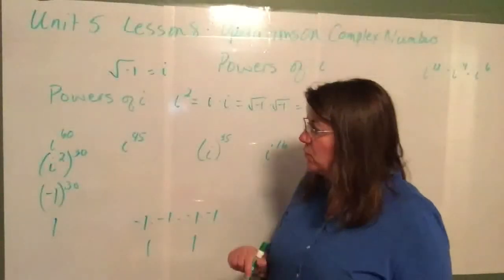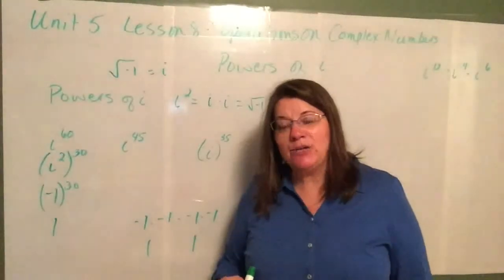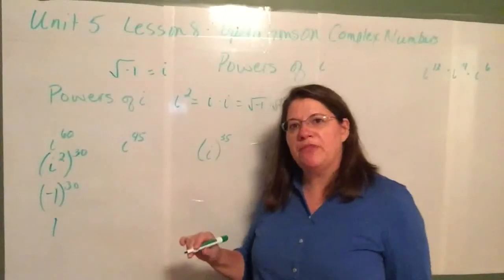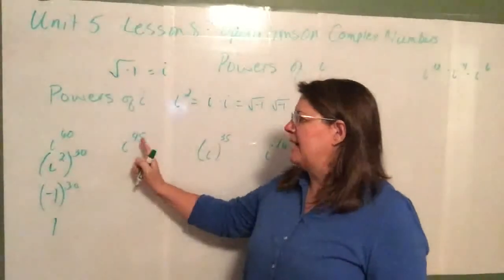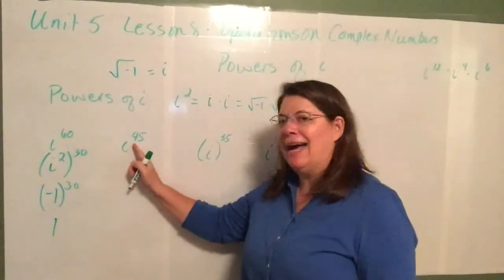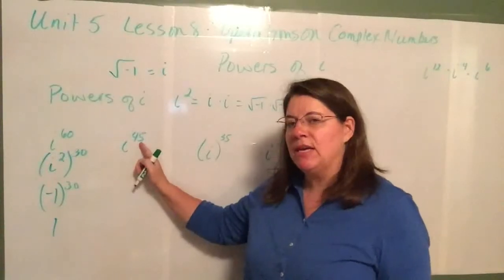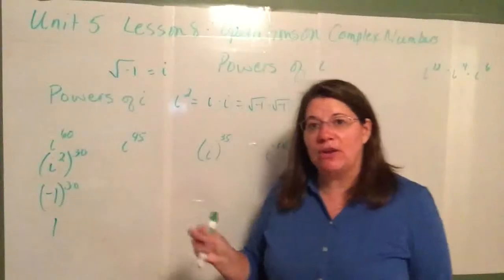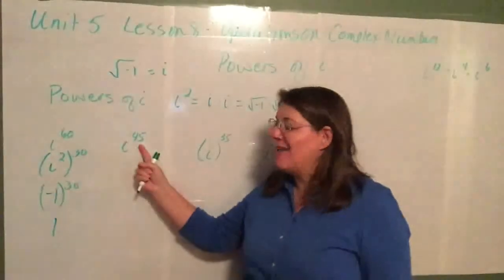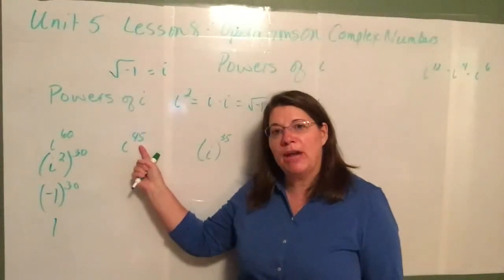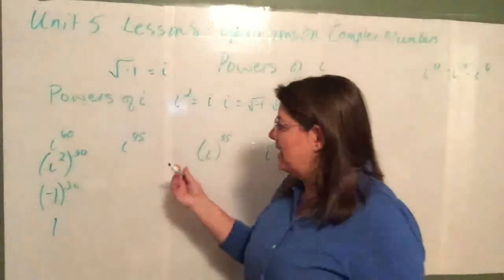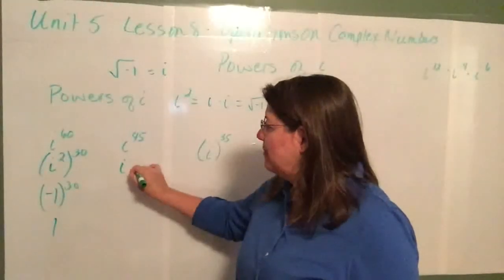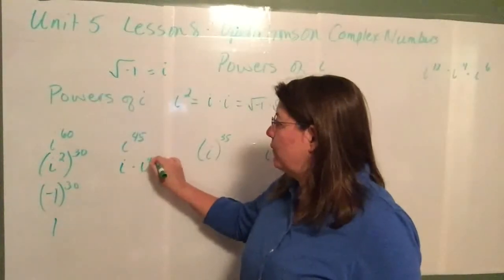If you look at this next one, it's an odd power, i to the 45th power. With i to the 45th power, we're going to do something similar, but we need to recognize that this power of i is odd. It's not even. So I can cancel out i squareds because those are even powers, but if I have an odd power, I'm going to have to recognize that i to the 45th is the same thing as i times i to the 44th power.